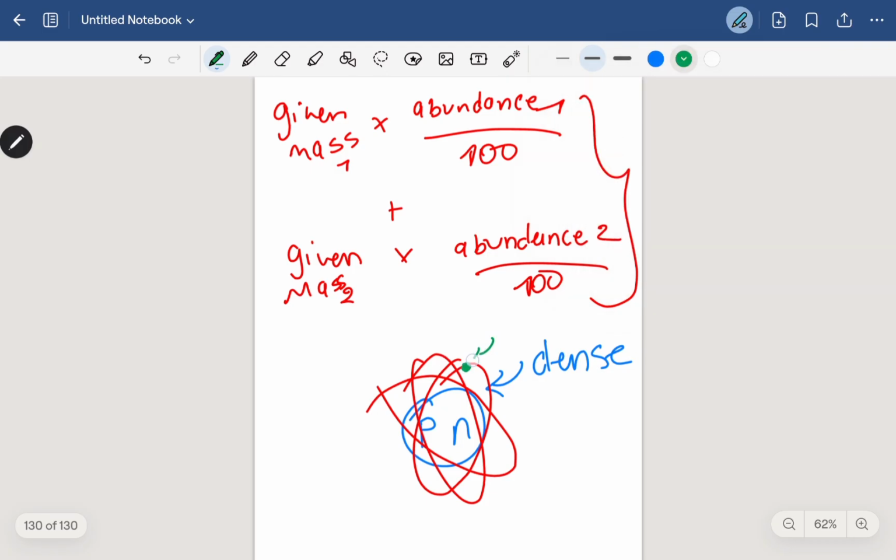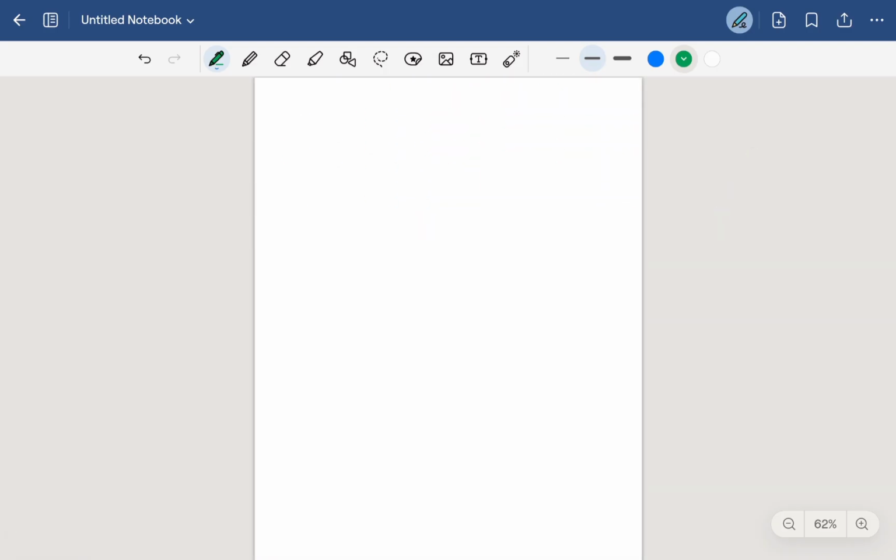Now these electrons orbit the nucleus, and we call the layer that they orbit on clouds. So the electron clouds or the electron shells. Okay, so one thing you need to know is that the farther the shell is from the nucleus, the stronger is the energy of the shell.